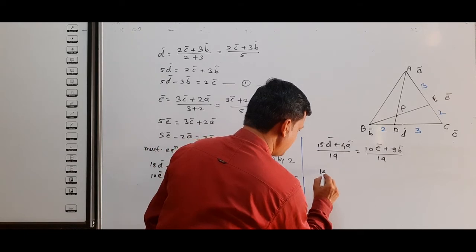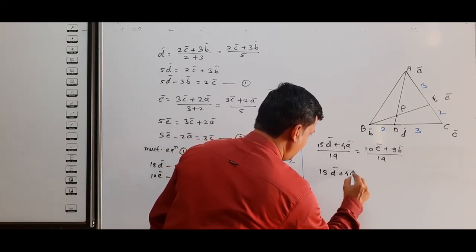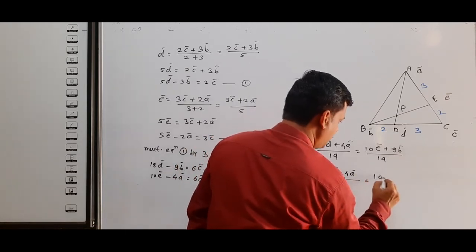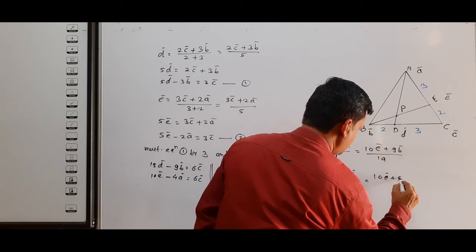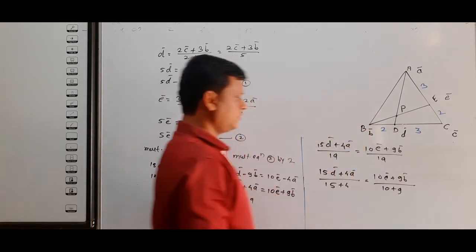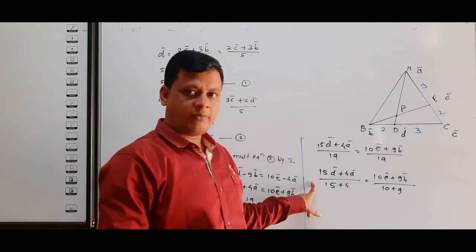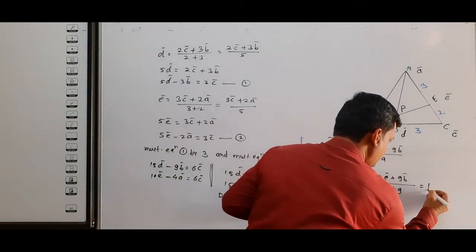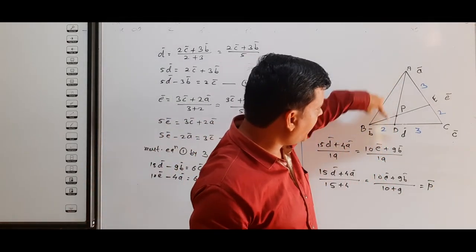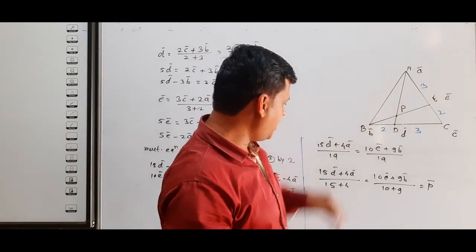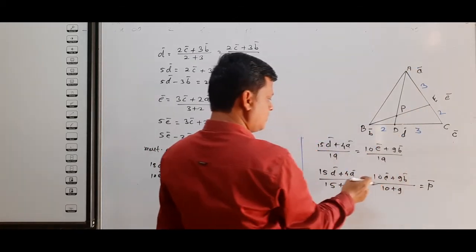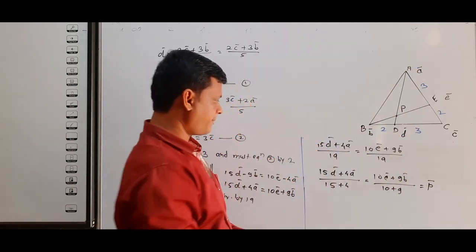So we write here 15D bar plus 4A bar upon 15 plus 4 is equal to 10E bar plus 9B bar upon 10 plus 9. So this is the position vector of point P, because this point P divides AD. So we get here from this, if we consider this side AD.